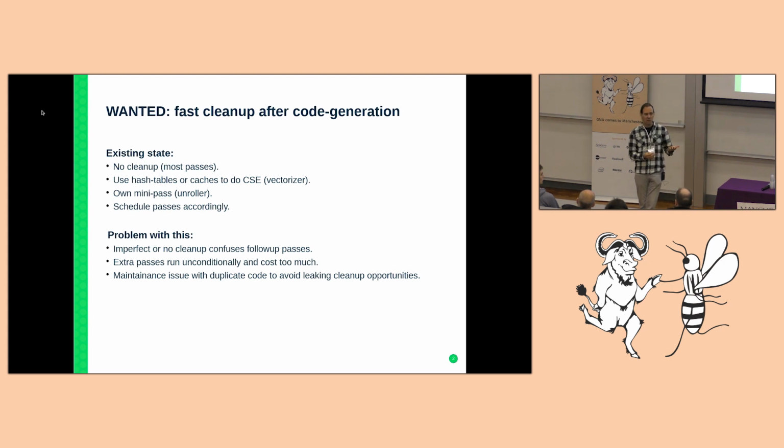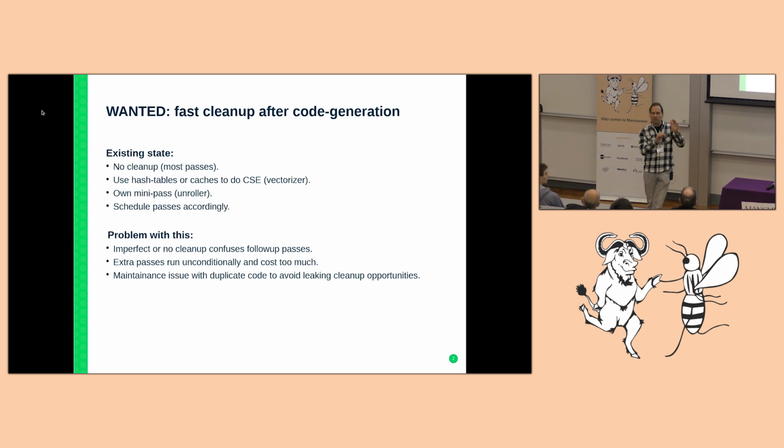Then the unroller, the case I talked about, has its own mini pass doing constant propagation on the just unrolled body, to make obviously dead code dead by propagating the now constant induction variable evolution in the unrolled bodies. And for example, the vectorizer conditionally runs a dead code elimination pass after it runs. So if the vectorizer is enabled, there will be a dead code elimination pass right after it.